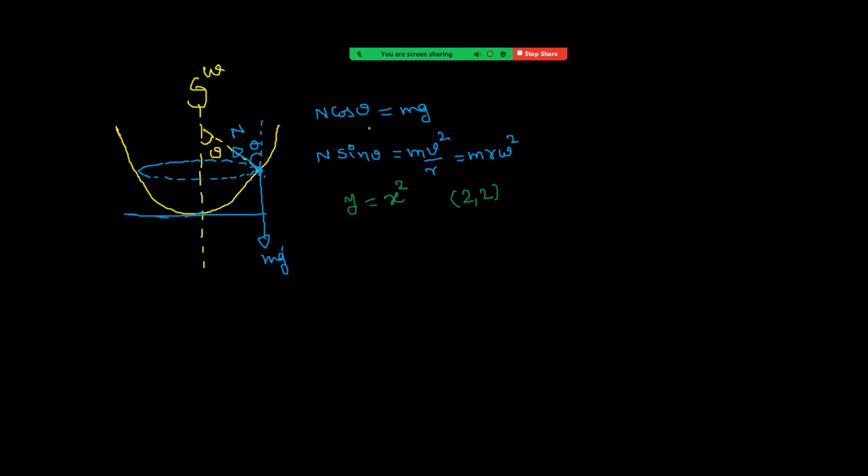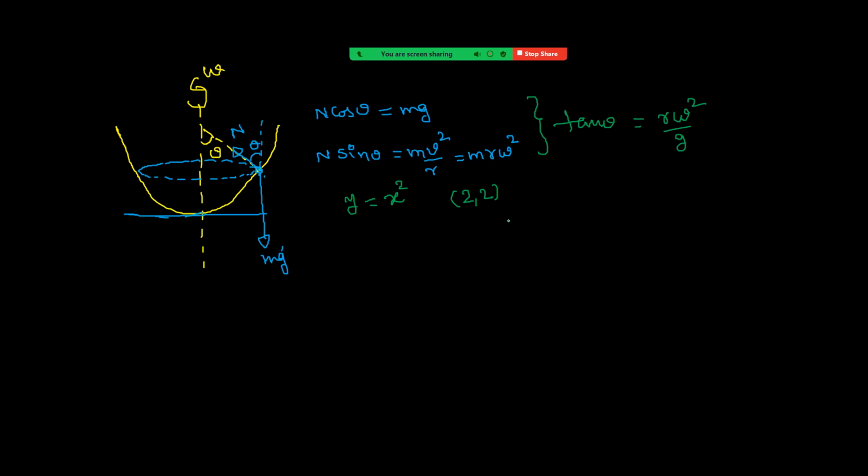So here what we can do is, if you are taking ratio for these two, tan theta equal to r omega square by g, right? See carefully, I am taking ratio. So tan theta equal to r omega square by g.